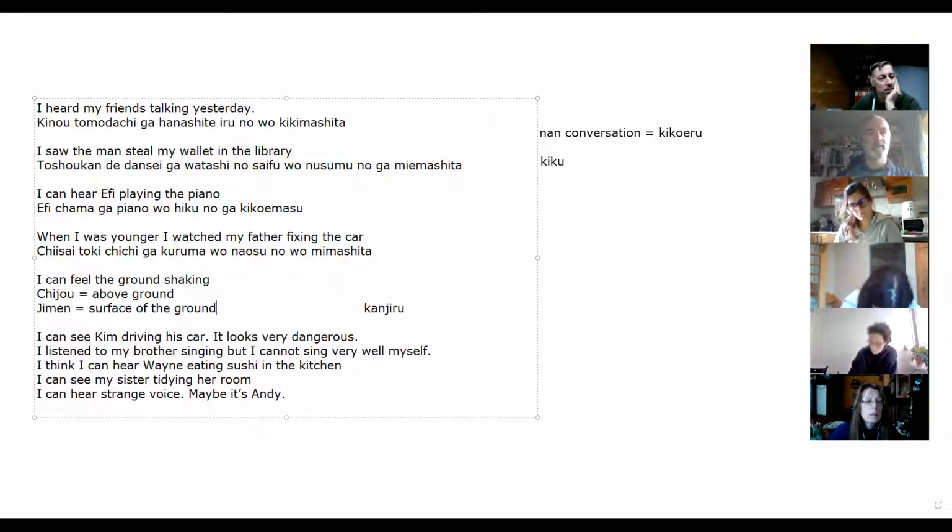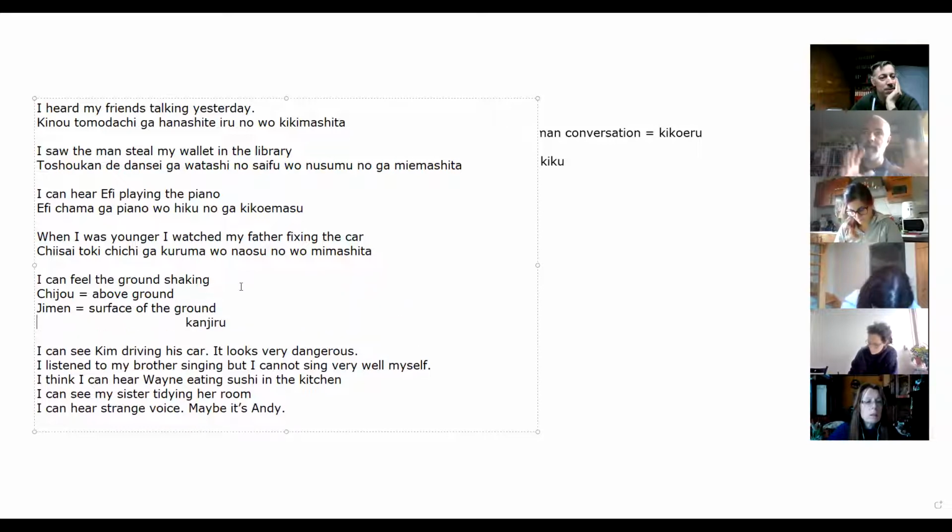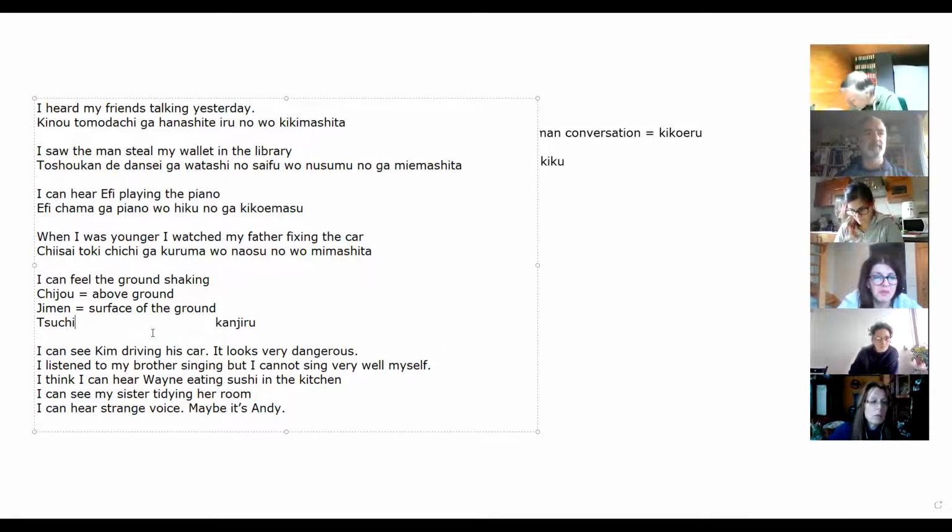What do you feel then? So actually, the ground itself, the earth itself, is tsuchi. Chi actually means the earth, but we have to make sure it's the right kind of description of it.